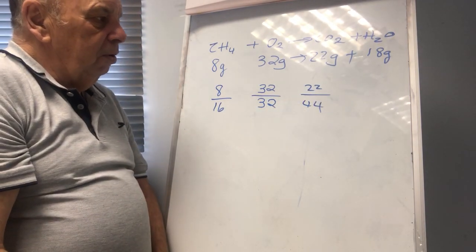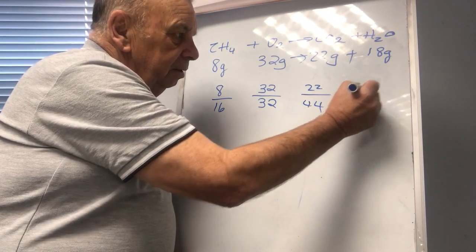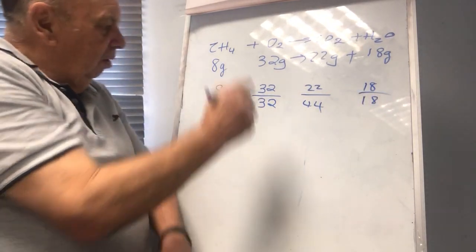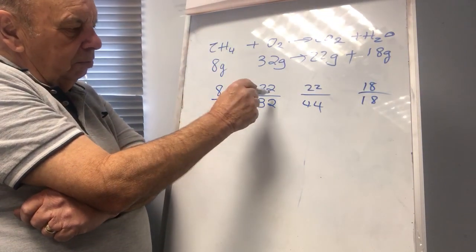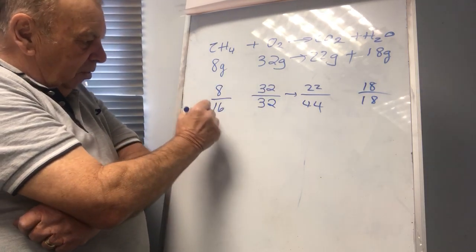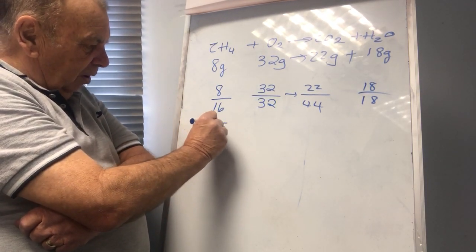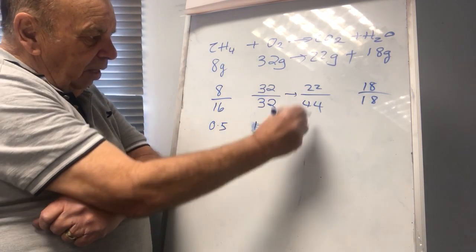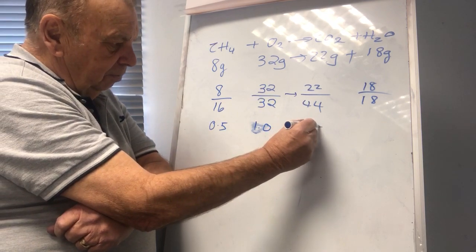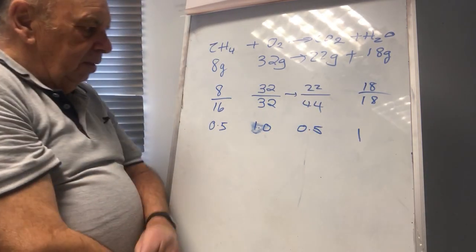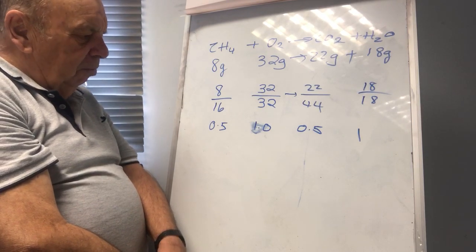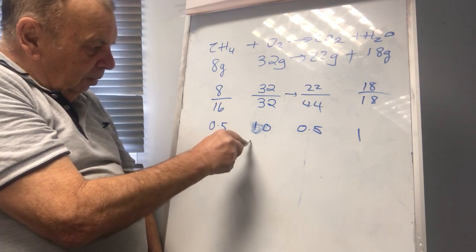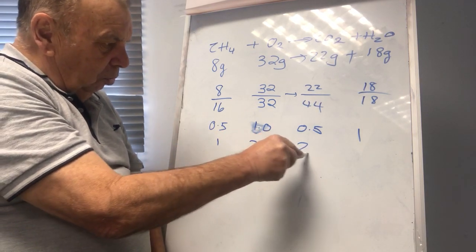Water, H2O, 18 divided by 18. So that number of moles plus that number of moles gives you that number of moles. That is 0.5. That is 1, that is 0.5, and that is 1. So you can see there, if I multiplied it up to get me a whole number, I'd get 1, 2, 2.